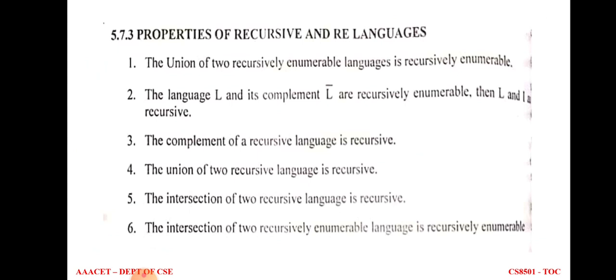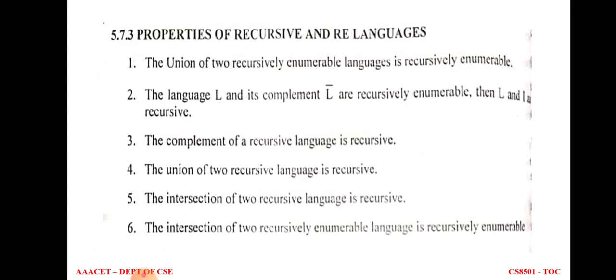So these are the properties of recursive and recursive enumerable language. The first property is union of two recursive enumerable languages is also recursive enumerable. The fourth property is for recursive language. So the first one and fourth one is the union operation. The first property is union of two recursive enumerable languages. But the fourth property is union of two recursive languages is also recursive.